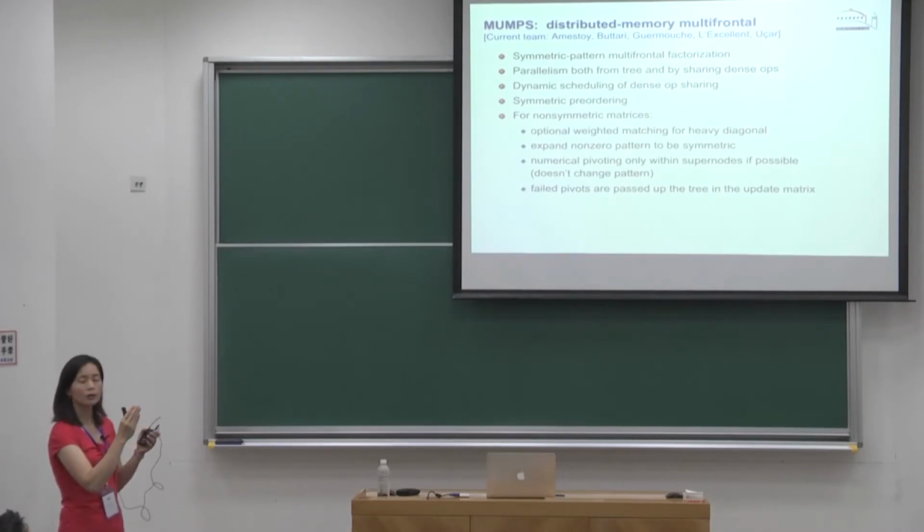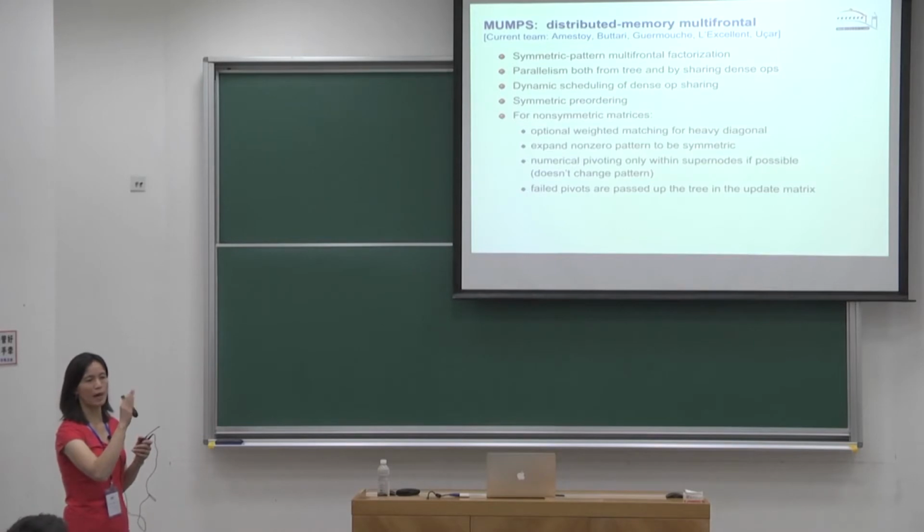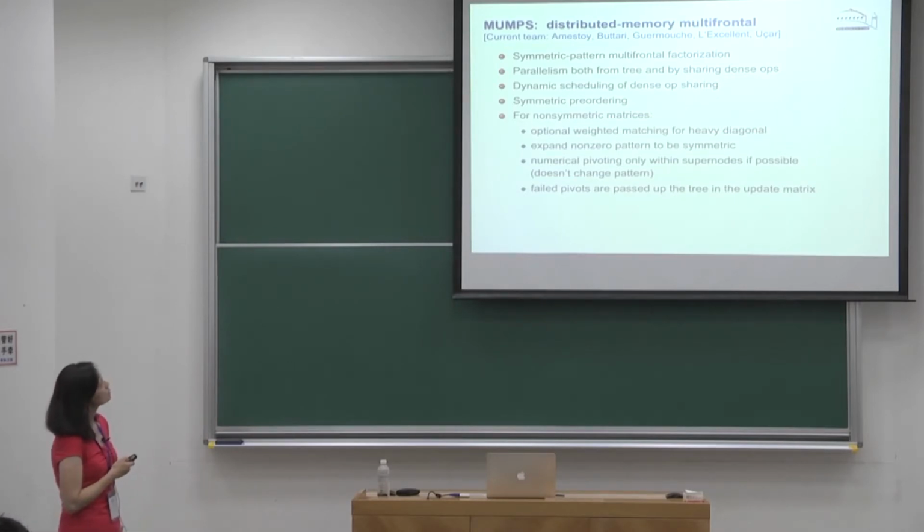That means if you start with a non-symmetric matrix, for the zero entries, you have to fill in 0. So it's actually padded with some zeros. You do a little bit more operation. But it's easier to manage the algorithm in this way. So then they also use this weighted matching to get a big diagonal so that you don't need to pivot much during the numerical factorization, and expand the non-zero pattern so that you have symmetric pattern.